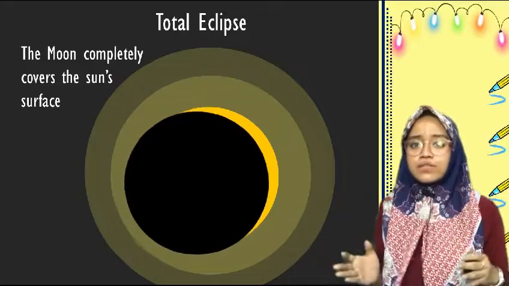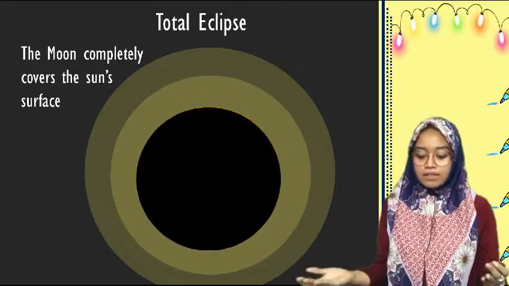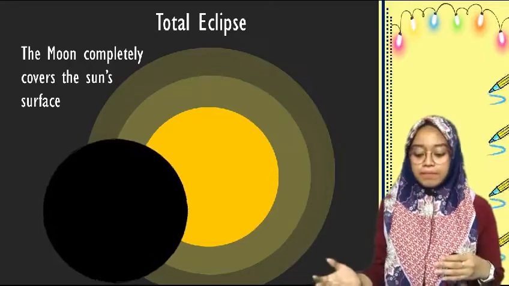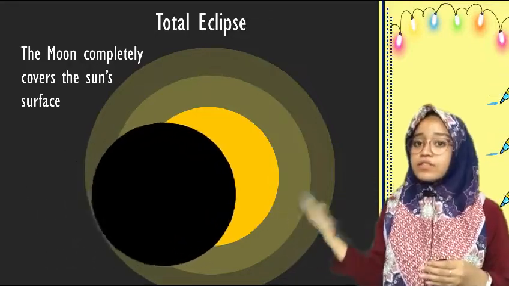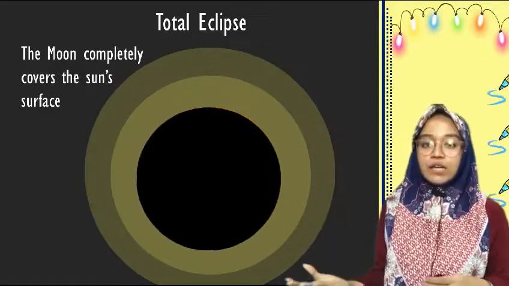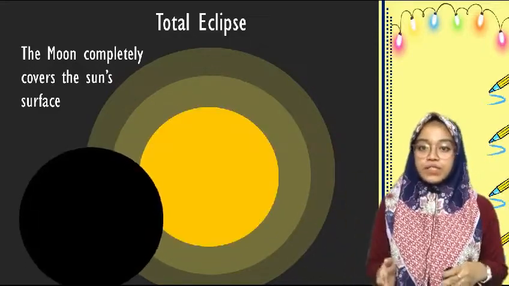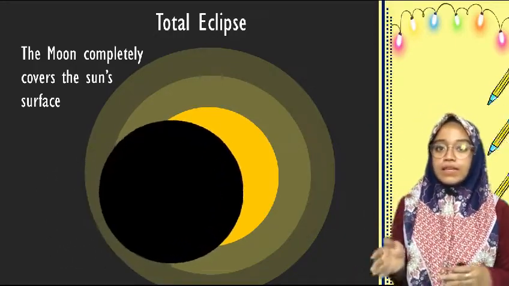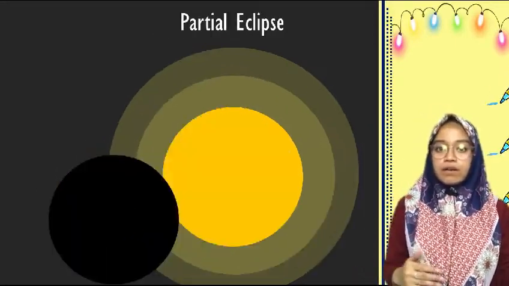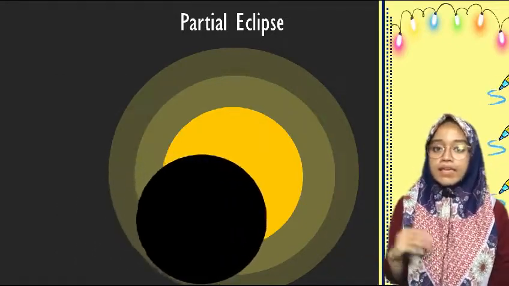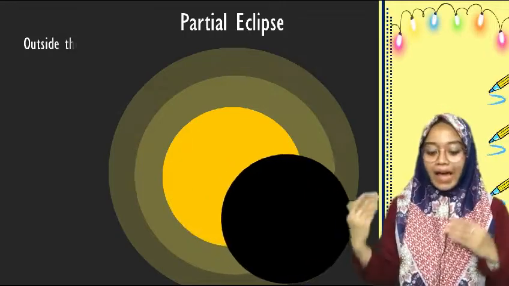So at noon, suddenly our Earth becomes dark like at night. A total eclipse can only be seen if you are standing within the umbral shadow. But people within the penumbral shadow cannot see the total eclipse, but they can see a partial eclipse.